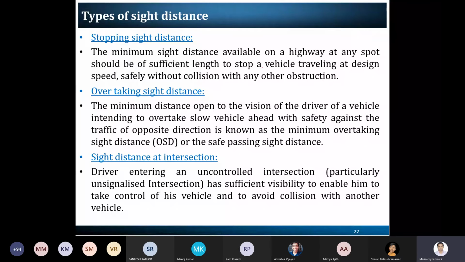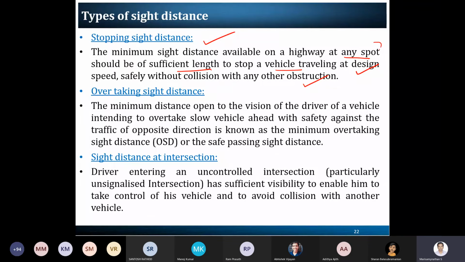The stopping sight distance is nothing but, at any spot, having a sufficient length to stop the vehicle to avoid collisions with any obstruction which you can observe in front of your vehicle. You are traveling at the design speed, and according to that design speed the safe stopping behavior happens.